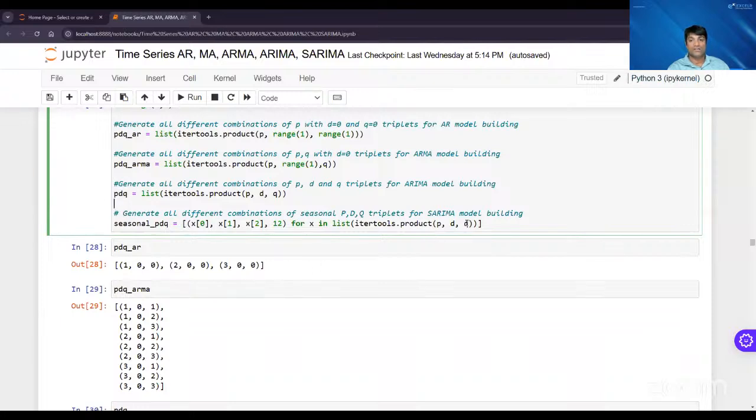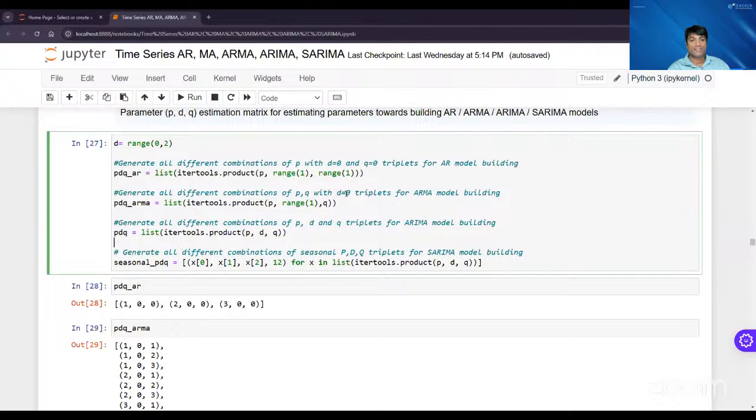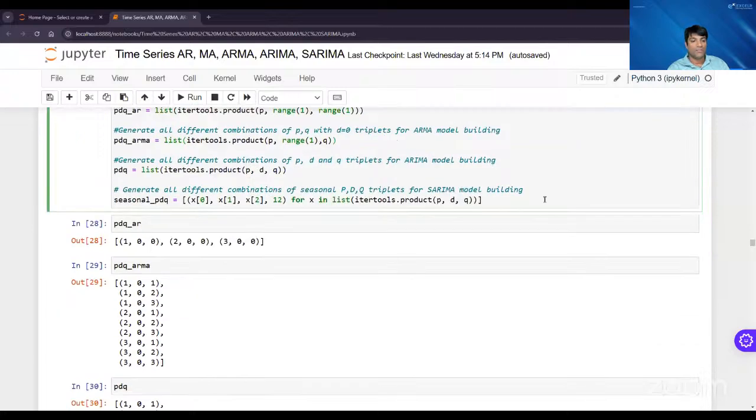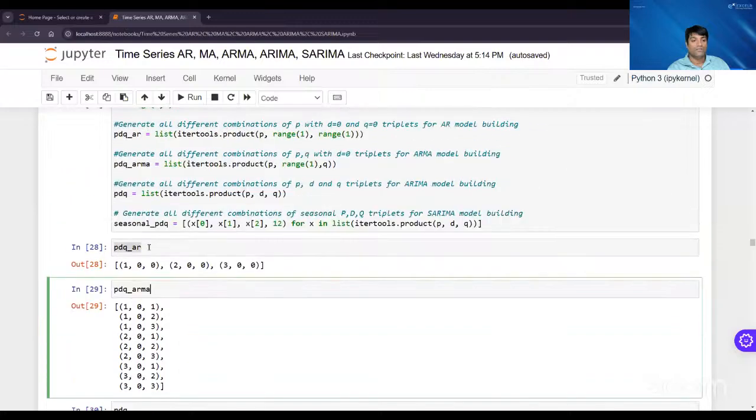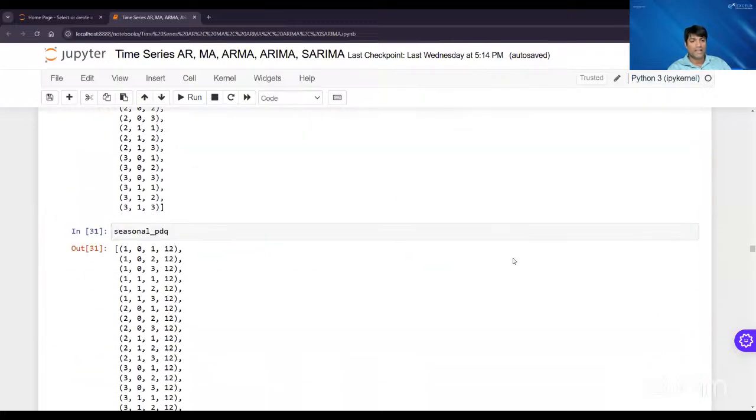D is basically the differencing, P is for the AR model and Q is for the MA model. Okay, and we try to calculate the range, and here we are giving the differencing as 2. Okay, and we are applying it for both the ARIMA model and ARMA model. Okay, so we get the values here.